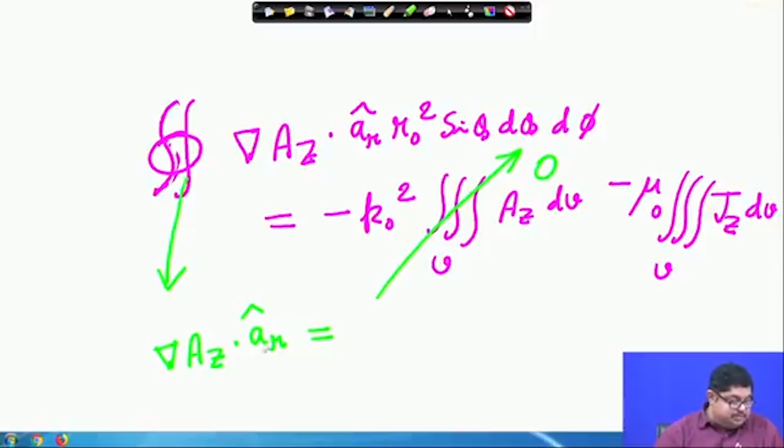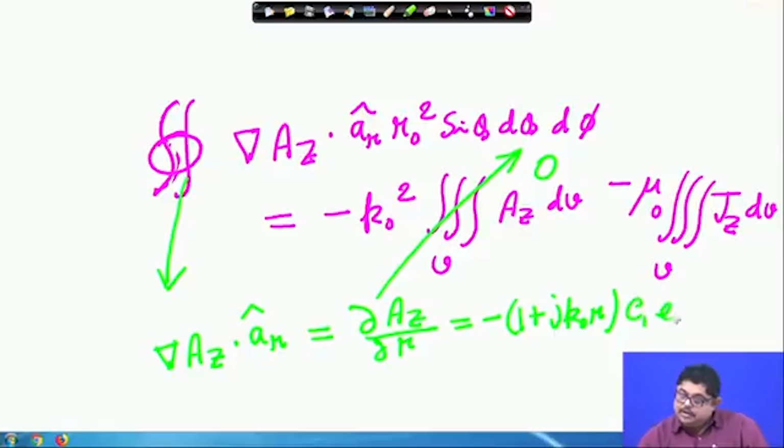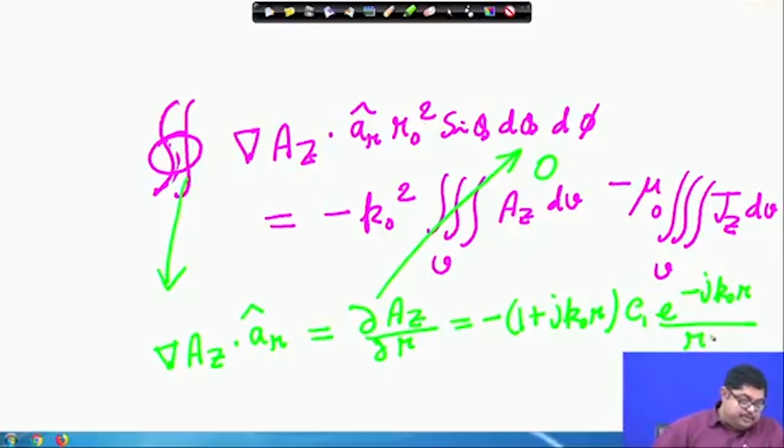So, this is nothing but del Az del R, and I know the value of Az is C1 e to the power minus j k naught R by R. So, if I do this, I will get minus 1 plus j k naught R C1 e to the power minus j k naught R by R square.